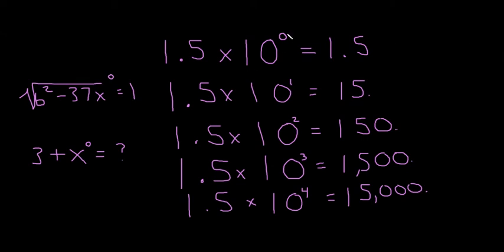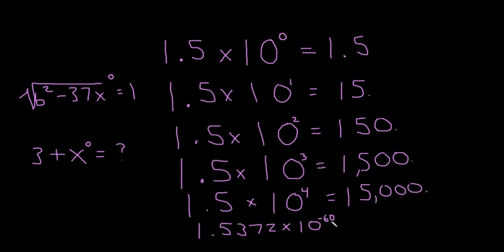And for scientific notation, you're probably going to see numbers more along the lines of 1.5372, and it could be a lot of numbers there, times 10 to the negative 60. Okay, that's a tiny number.